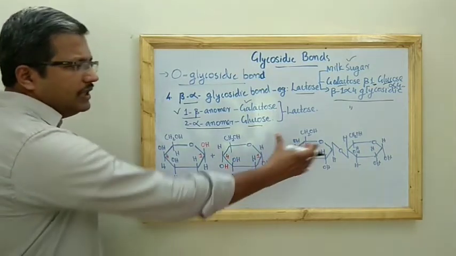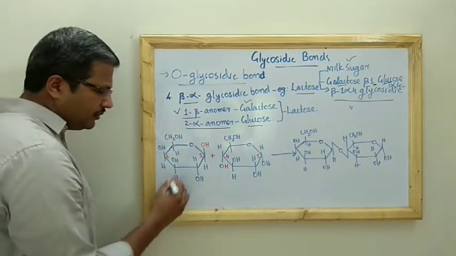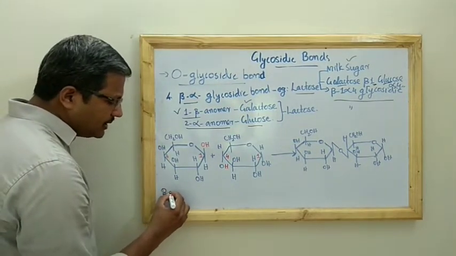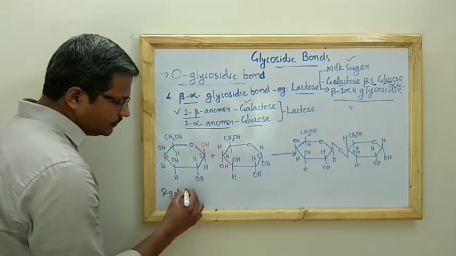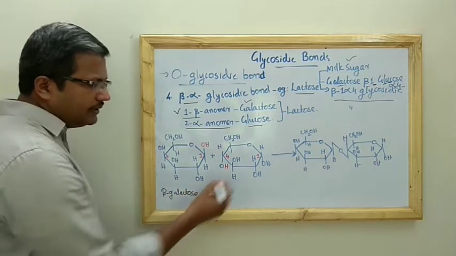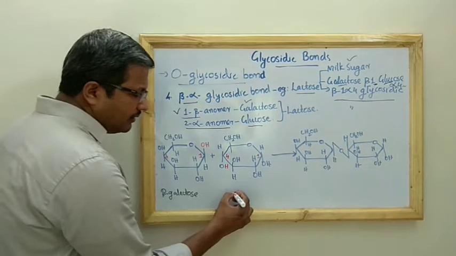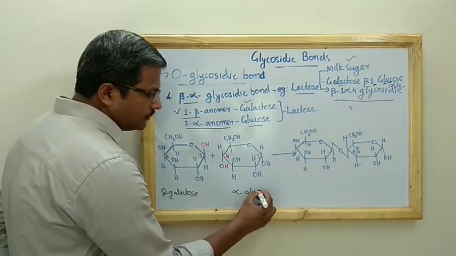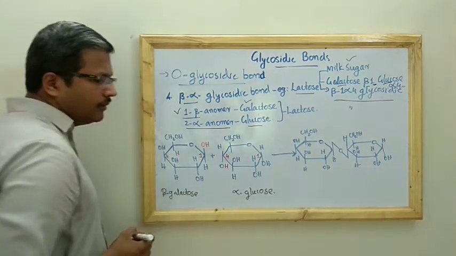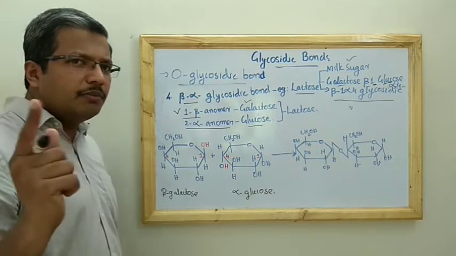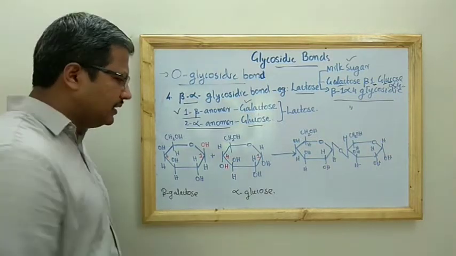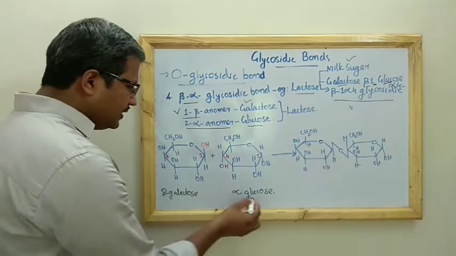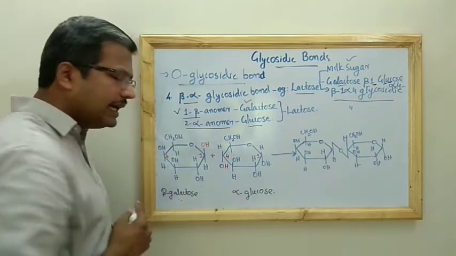Now let us see the bond formation there. This one is the beta galactose, and this one is the alpha glucose. Just remember what we have already learned. What is the difference between glucose and galactose?